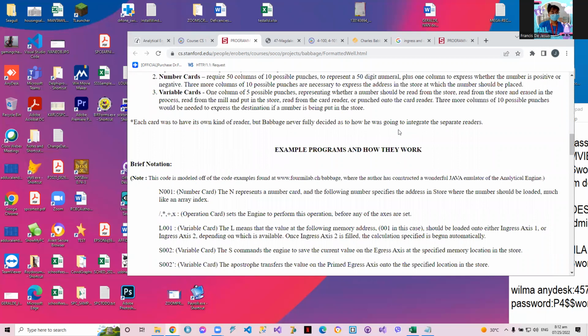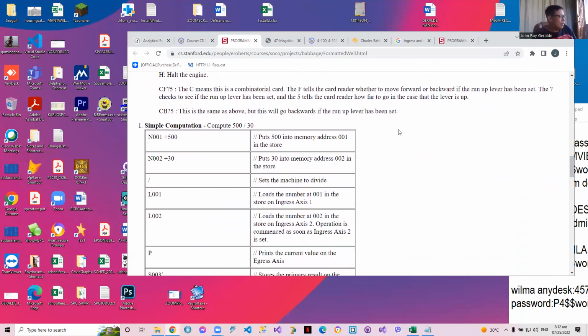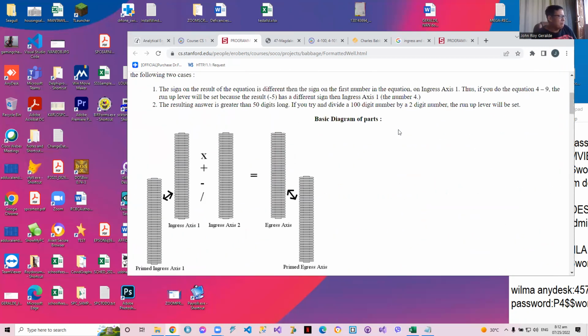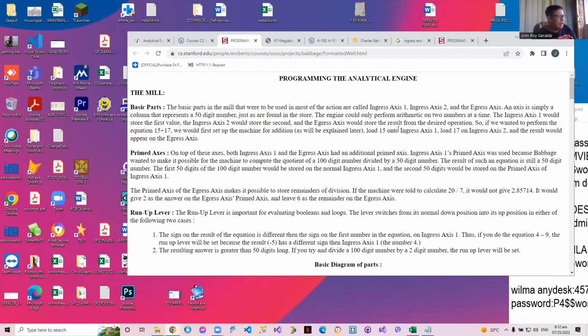Ingress means input, egress means output. When you say x is equal to y plus 2, y is the first ingress, 2 is the second ingress, and x is the egress. Do you follow?